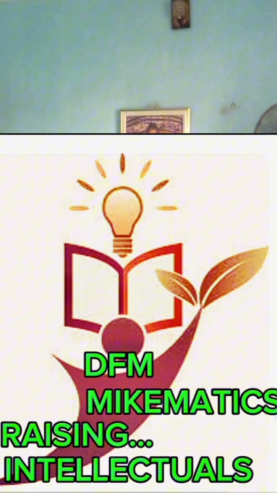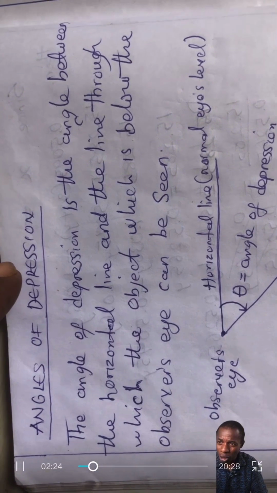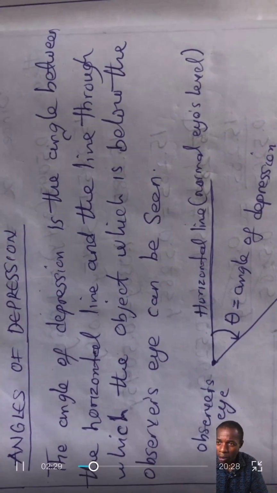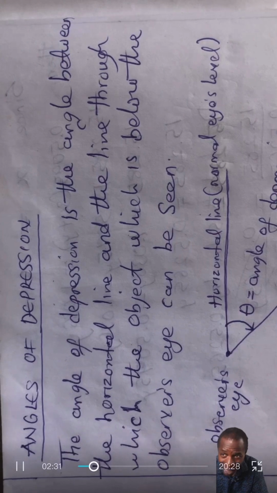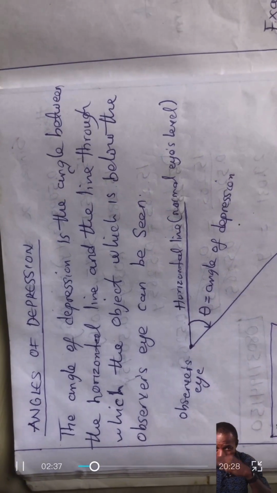So let me read out what I have in my note under angle of depression. The angle of depression is the angle between the horizontal line, which is the normal height level, and the line through which the object, which is below the observer's eyes, can be seen. So the angle is between two lines. One, the normal eye level, that is the horizontal line.